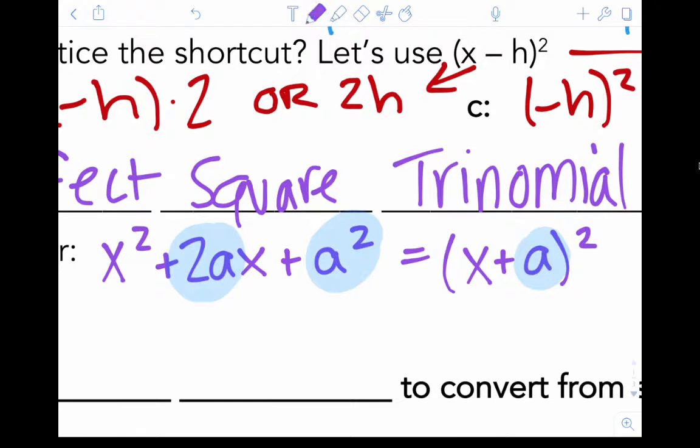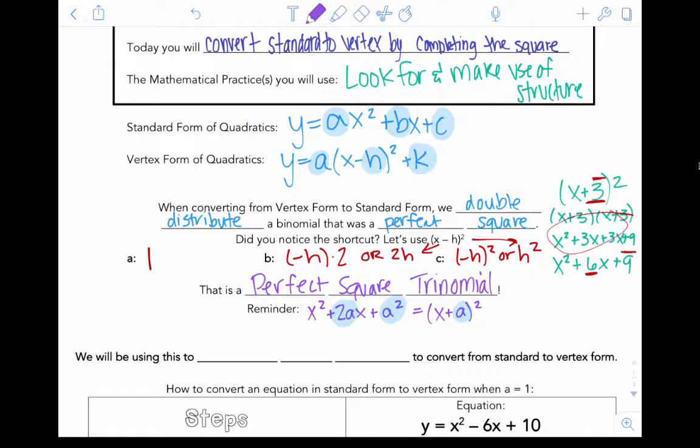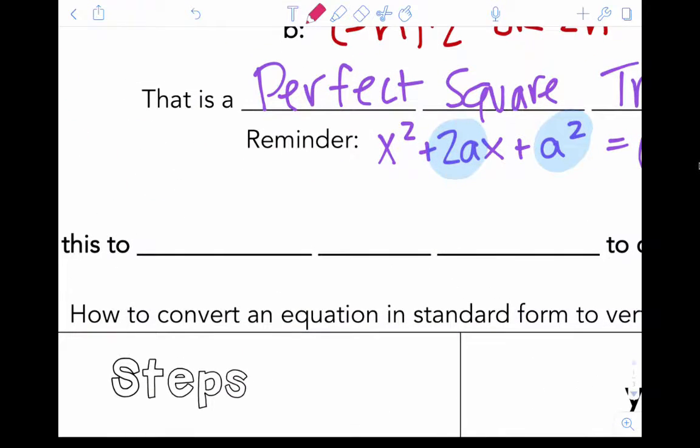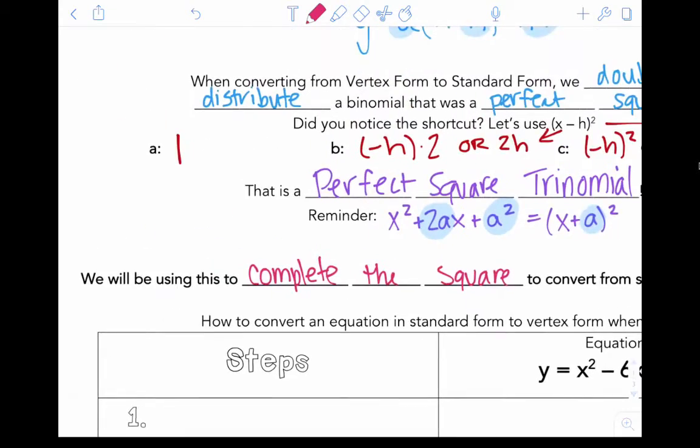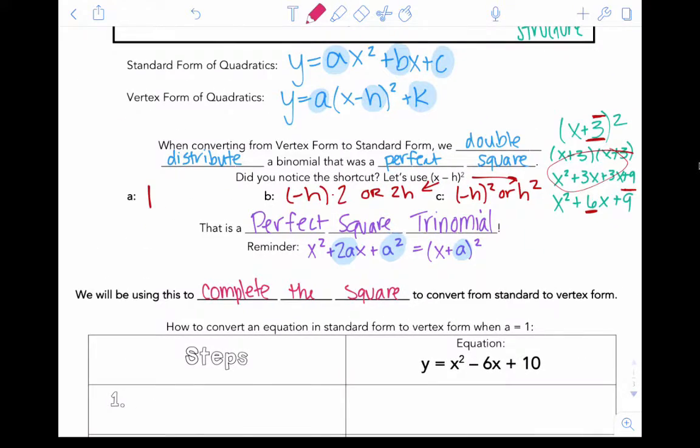So that number is right there. This is what we are going to be using today. We're going to use this to do what is called completing the square. So we're going to use a perfect square trinomial to complete the square to convert from standard to vertex form.